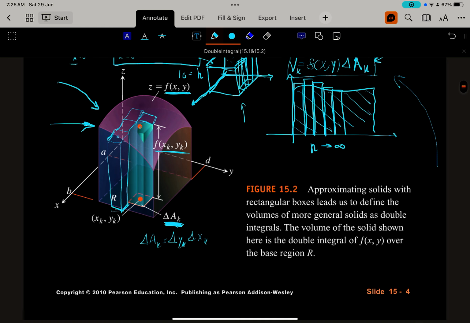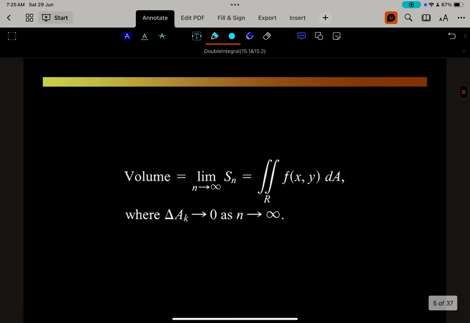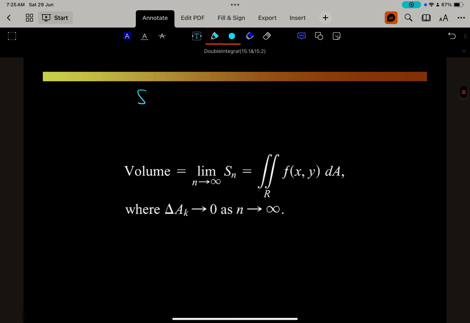Now if you want to get the exact volume, what do we need to do? We need to take the limit. So our sum that we just gathered, k equals 0 up to n of f of x, y, dA, if we take the limit of that, we take the limit of Sn as n approaches infinity.